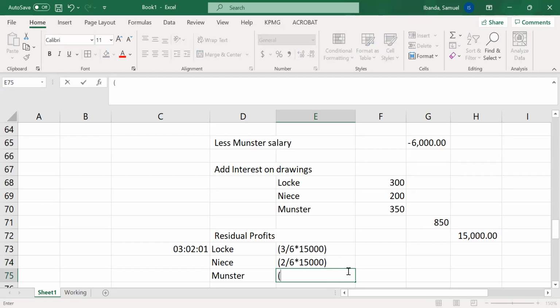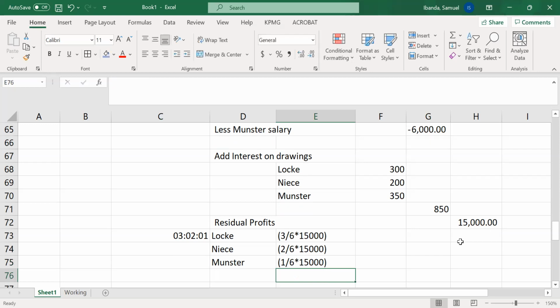And this one will get 1 over 6 times 15,000. So you just calculate them there, and yeah, you should be able to get the answers.